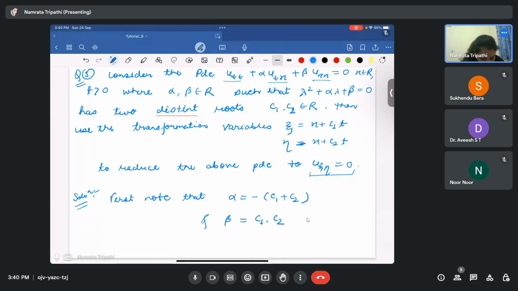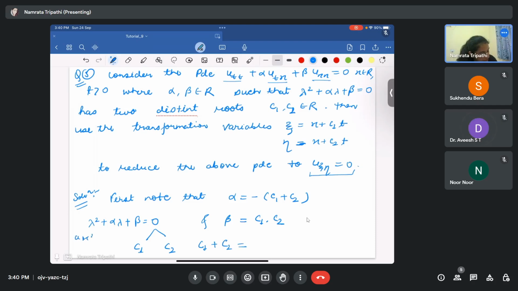Fine. Now tell me the value of UT. Ma'am, how to get that alpha and beta value? Can you please explain? Okay, we have given lambda square plus alpha lambda plus beta equals 0 has two roots C1 and C2. What will be the formula for sum of the roots? Have you learned about quadratic equation?